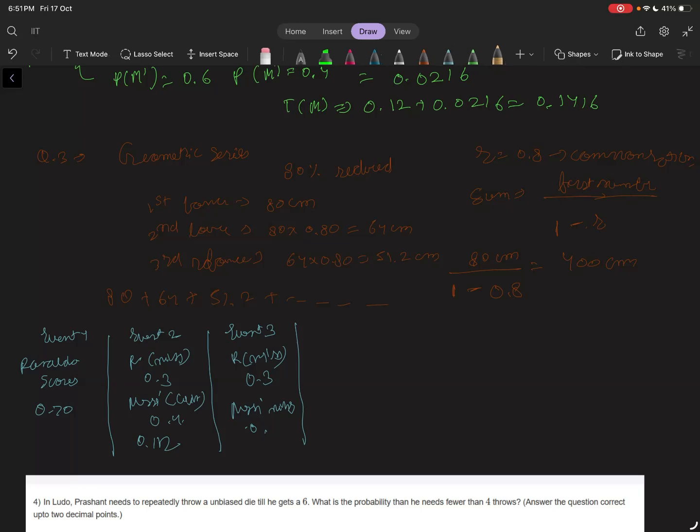This is 0.6. So the total probability is 0.18. So these are the events that we have here. Ronaldo scores first, 0.70. Ronaldo misses, but Messi scores and wins, 0.12. Ronaldo misses, Messi misses, and we go to the next round. Okay, this is very, very simple. I think you have understood the principle behind it.